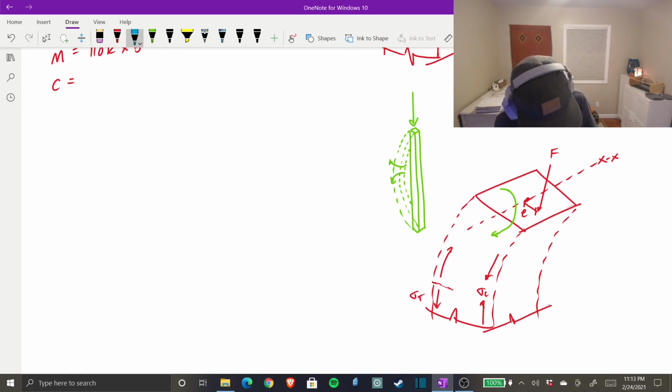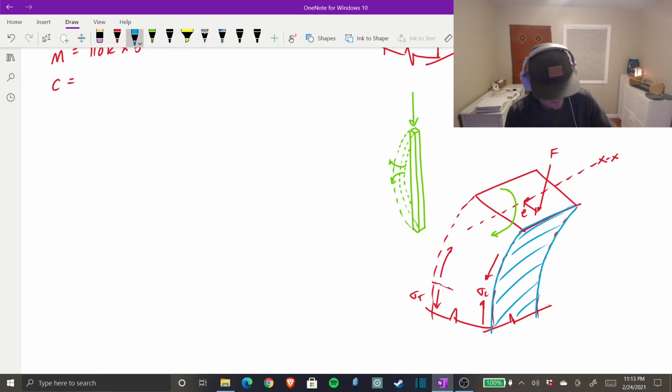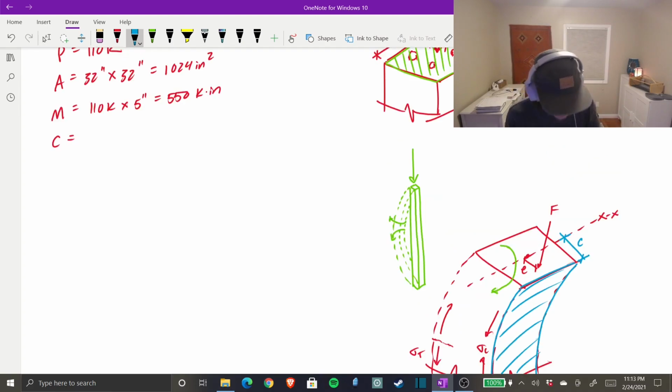So if I draw it in blue here, the extreme fiber for compression is along this blue face here. So that distance is going to be from your centroid to your extreme fiber.